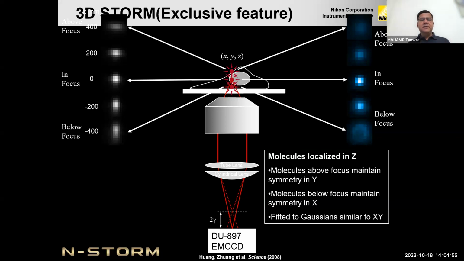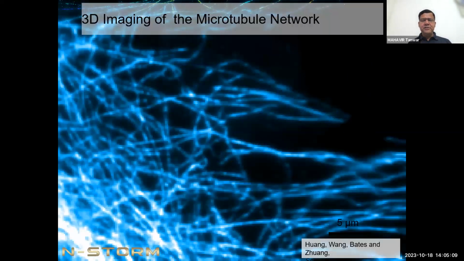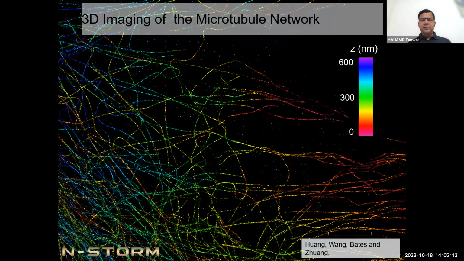We just can't see and imagine that this is above and below. So if you see the vertical ones, they are the below focus, and the horizontal ones are the above focus. This is a mesh, and this is how you can create a 3D image using STORM.